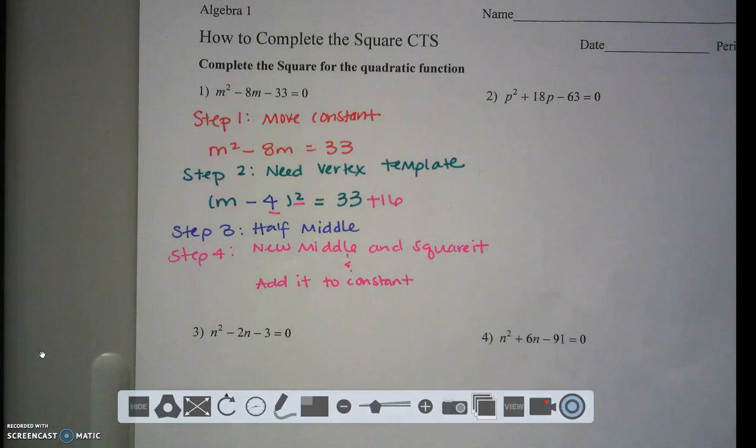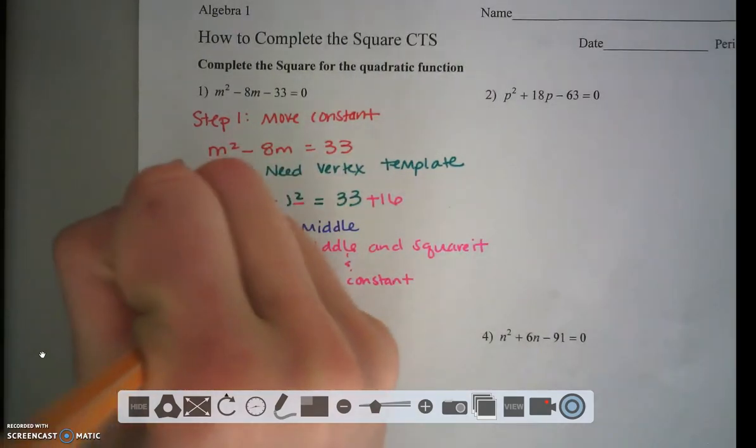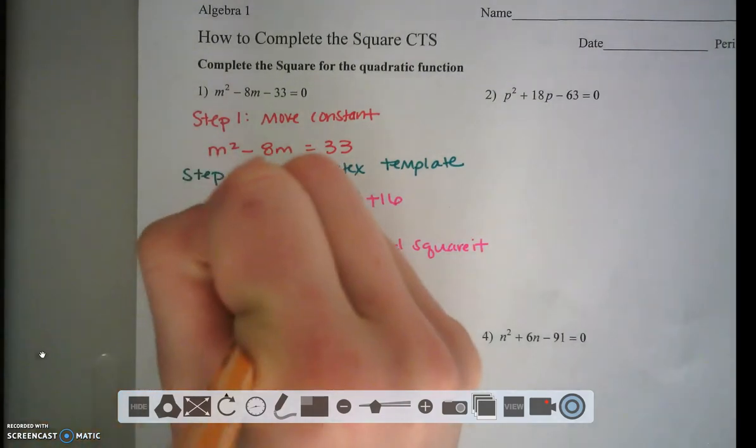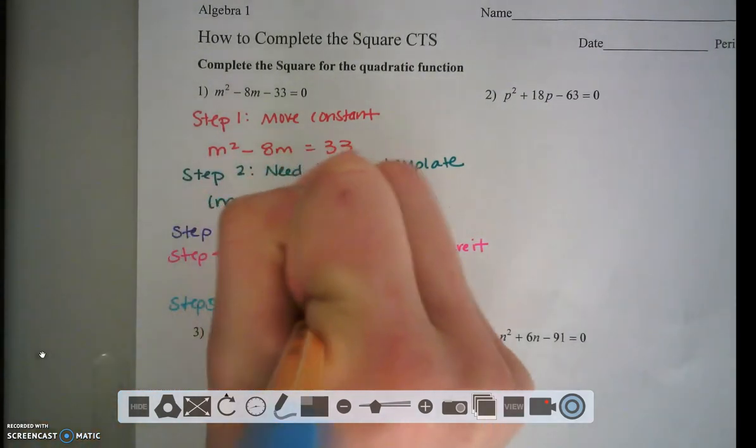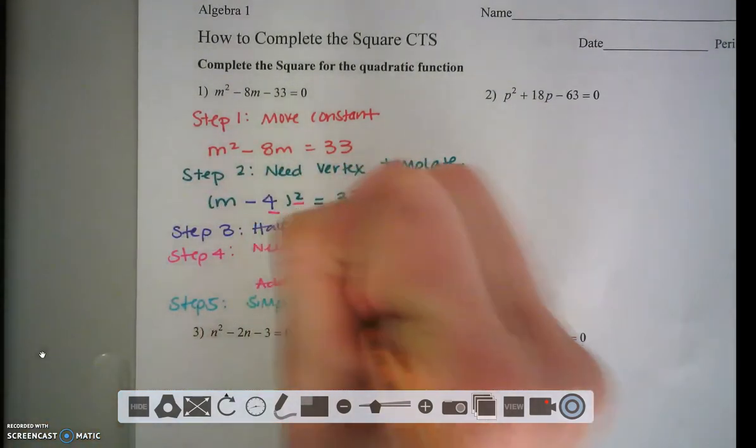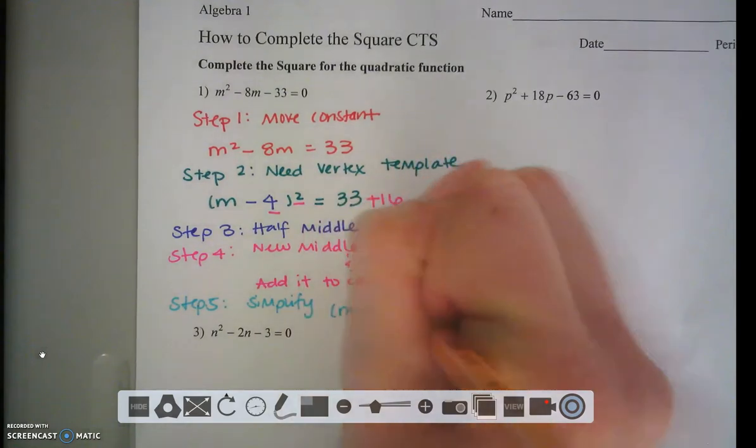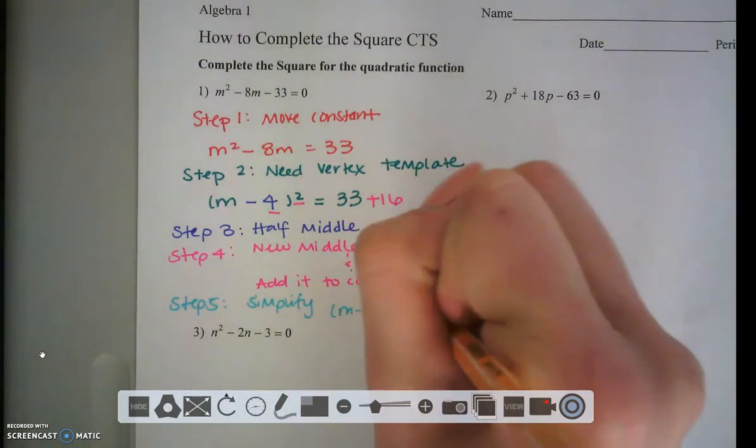Our last step is going to be to simplify our problem. So we're going to have m minus 4 squared equal to 49.